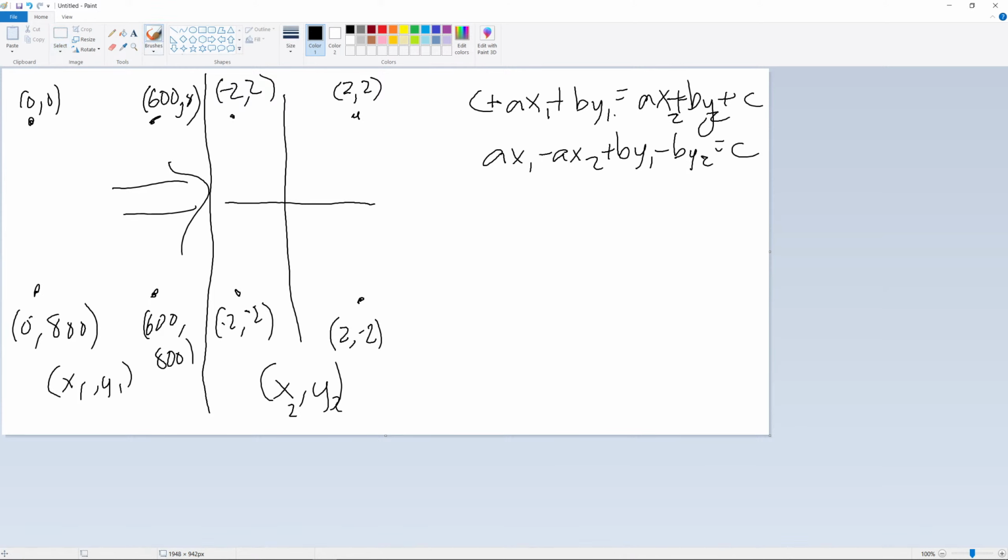So let's just do negative A, negative 2, minus B2 equals C. So that'd be 2A minus 2B equals C.